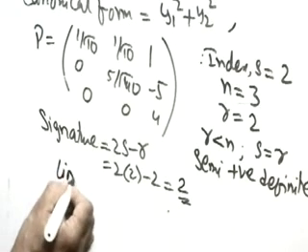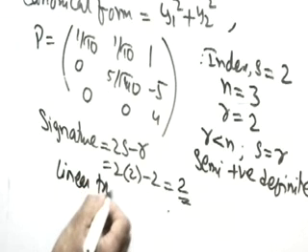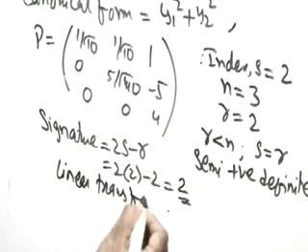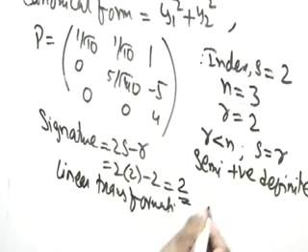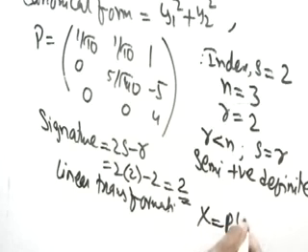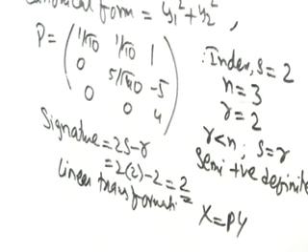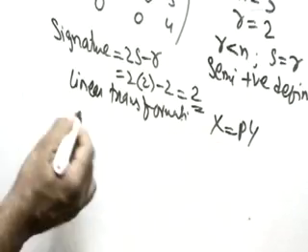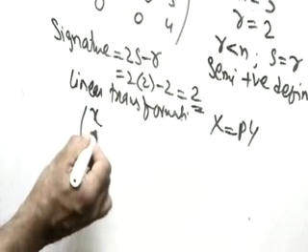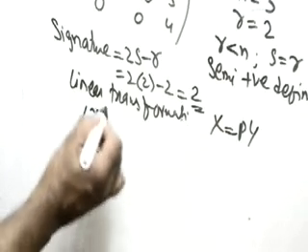The last one is the linear transformation. The formula is X equals P into Y. What is X here? Variables x, y, z.